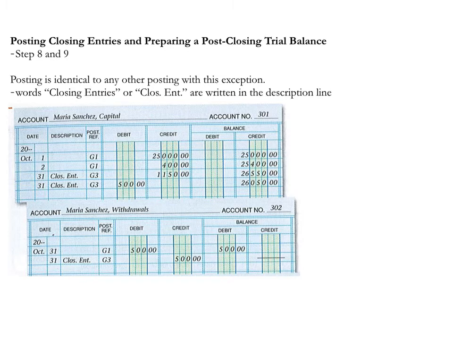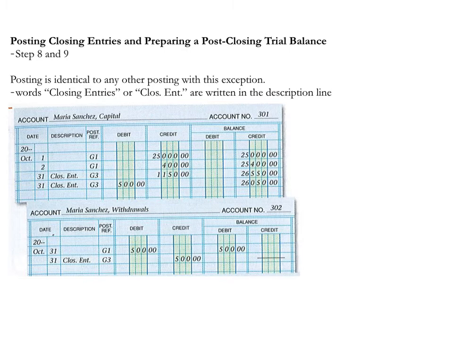So posting, we did a lot of that before, and this is identical to any other posting with one exception. In the description column, which previously we would leave blank unless we were correcting an error, we're going to write the words closing entries, or CLOSENT, short for closing entry.